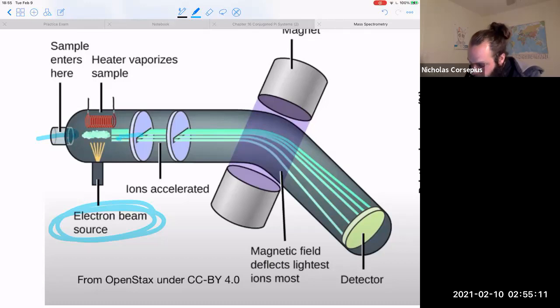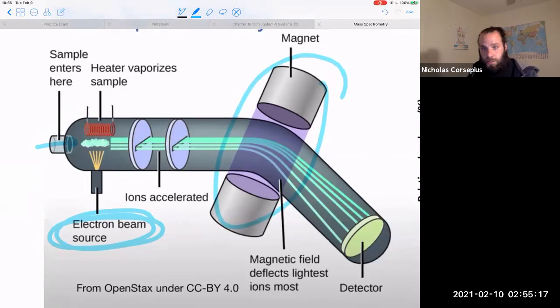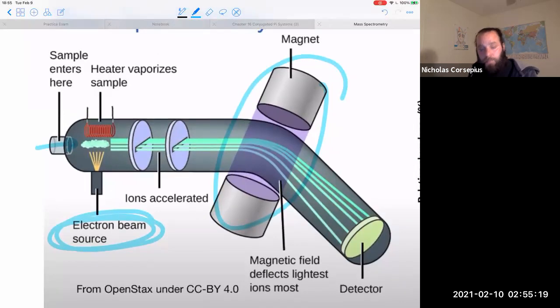The ions are then accelerated into this tube, and then they hit this curved part here, which has a magnet in it. Because these particles are charged, that magnet will deflect the particles, but it does so based on their mass, okay?